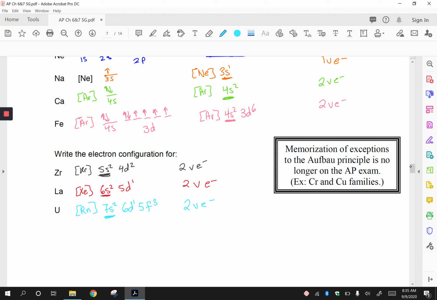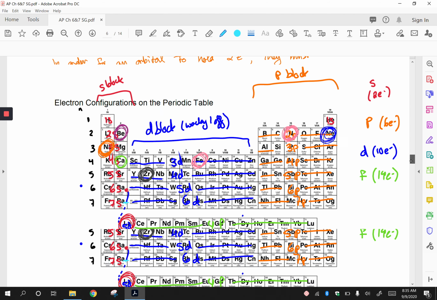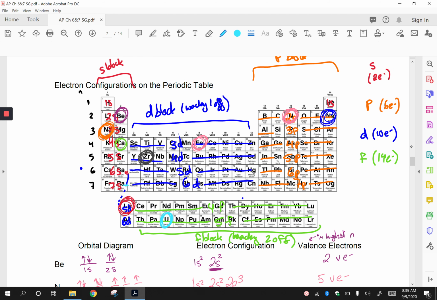So the s electrons are typically going to be your highest energy level, and so those are usually 2 electrons. There are exceptions, of course, like we saw last year, but they're usually 2 electrons. And so most of the transition metals and the inner transition metals, so all of these and these as well, are usually going to have just 2 valence electrons.